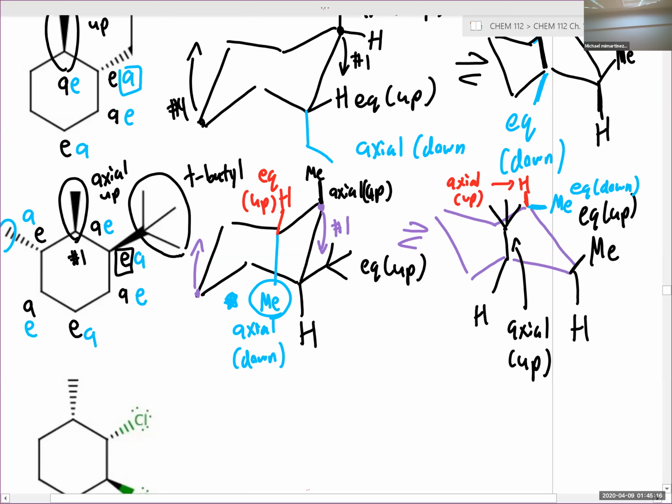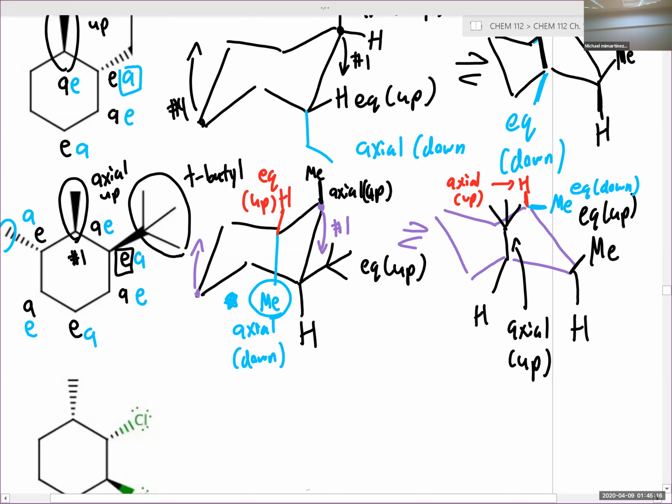Sorry, I lost view of the camera for a moment. So when you're drawing a chair conformation, what you're actually doing is you're looking at your cyclohexane ring from almost a side-on view.